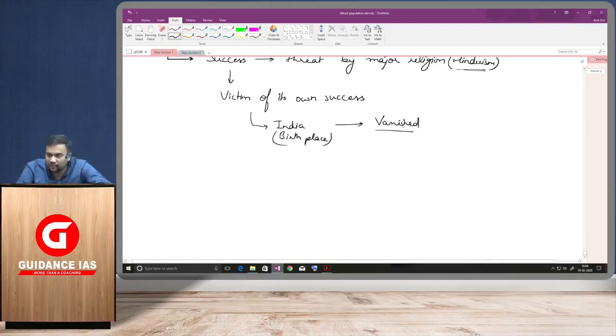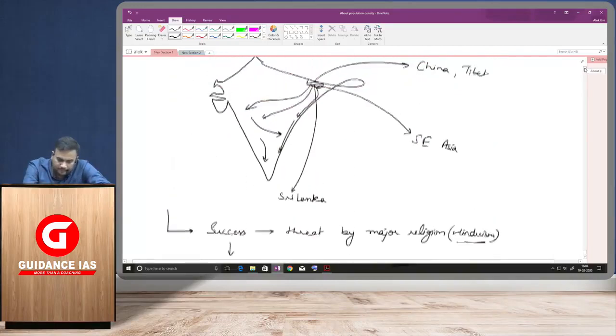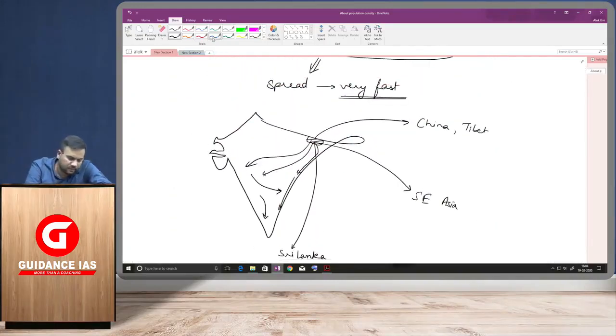That means if we talk about present Buddhism in India, this present Buddhism is not the original Buddhism which evolved in India. This present Buddhism is a result of two things. One, this Buddhism has actually arrived from Tibet and China.